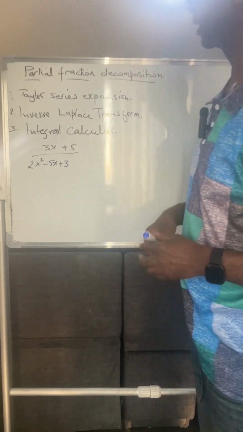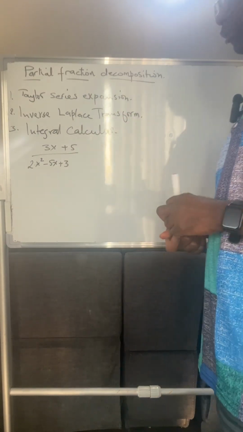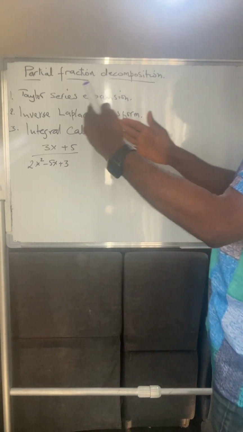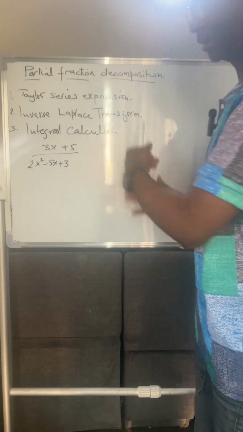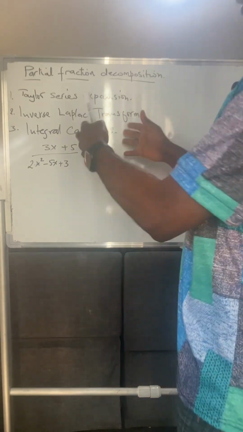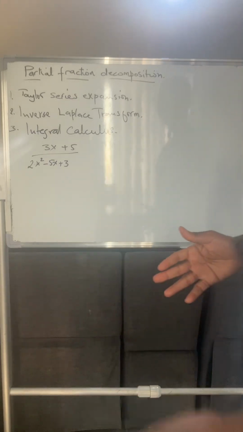So now we are asked to decompose this function into partial fractions. In other words, what we have just done with 5 over 2, you have to break it down into smaller bits. Decomposition, that's what it means: break something down into smaller bits.